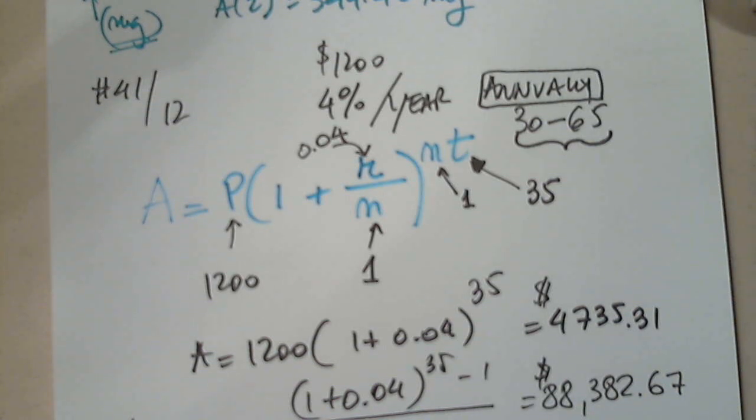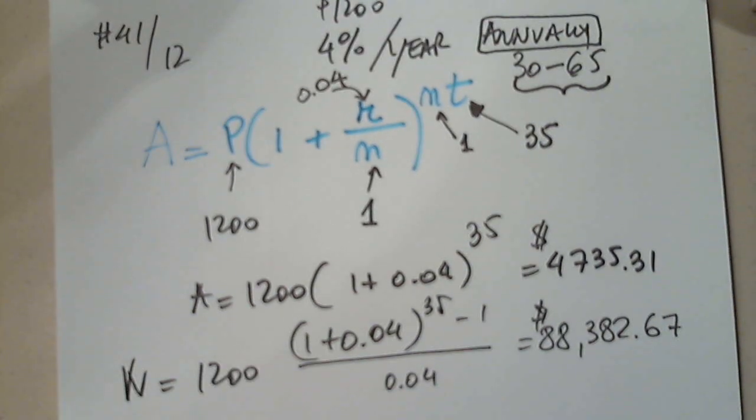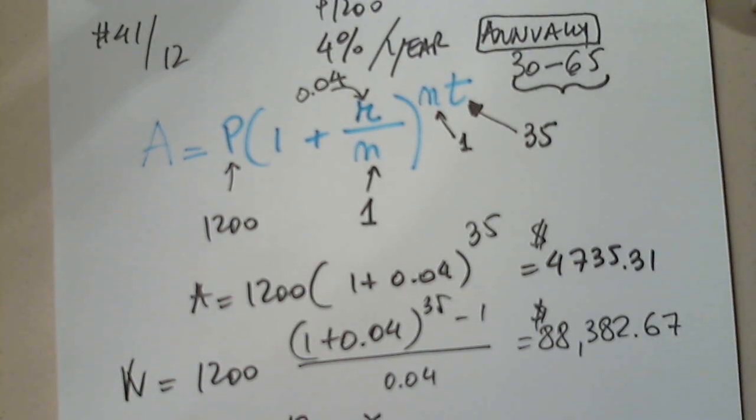So we know that she deposits 1,200 multiplied by 35 years. That is what she deposited. So when we multiply 1,200 multiplied by 35 years, she deposited 42,000.